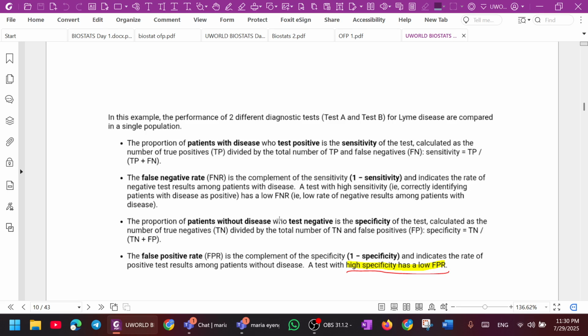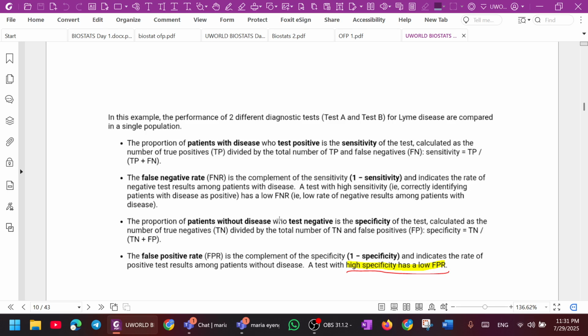The false negative rate is the complement of the sensitivity, 1 minus sensitivity, and indicates the rate of negative test results among patients with disease.